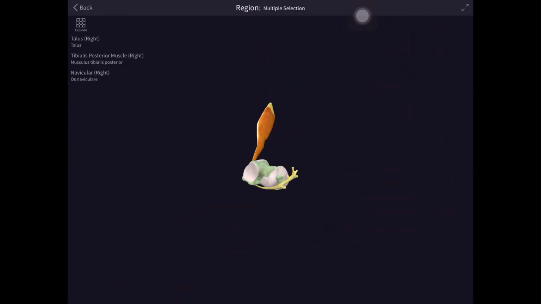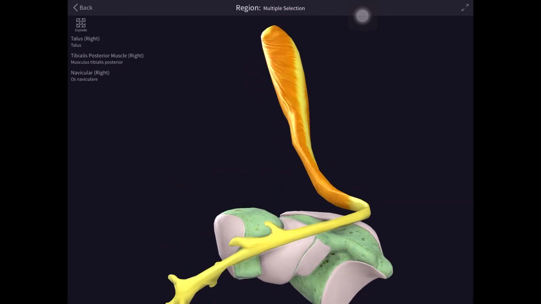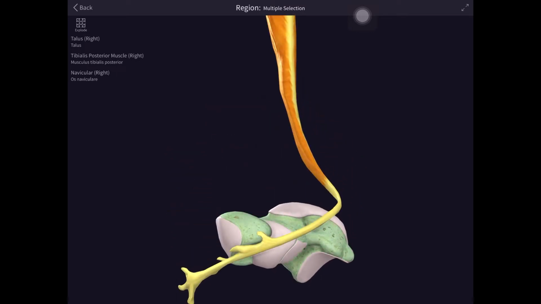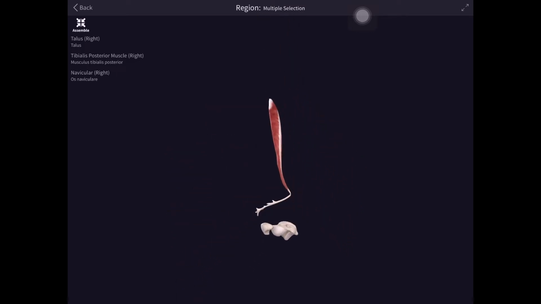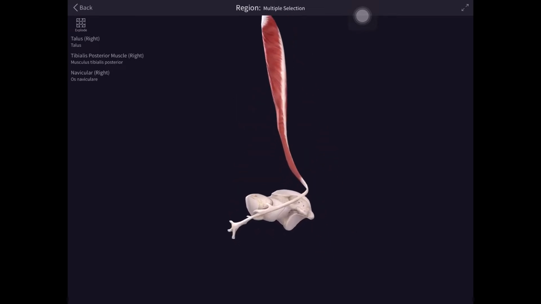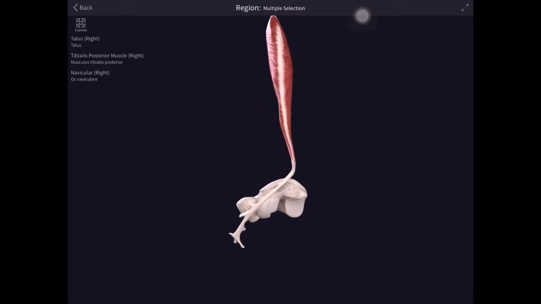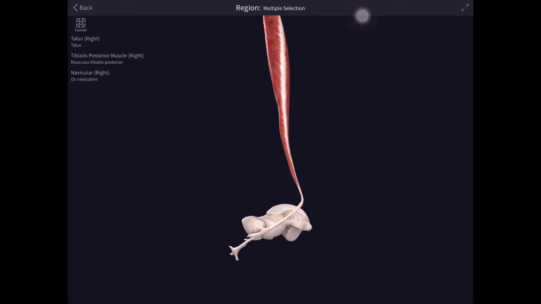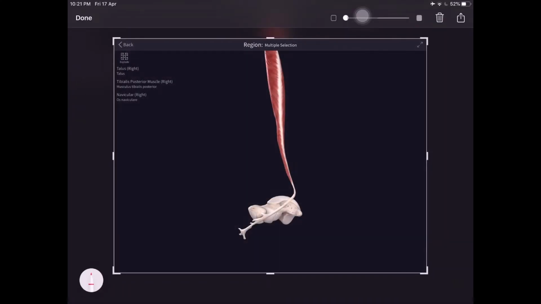So in the inferior view, let us again isolate this so that we'll be able to see better. So this is your tubercle or tuberosity.